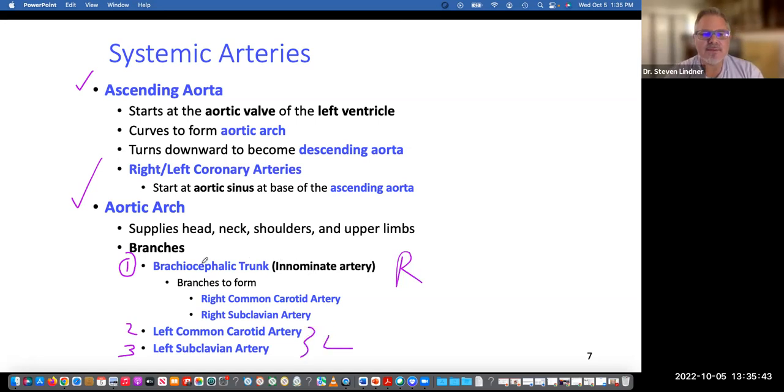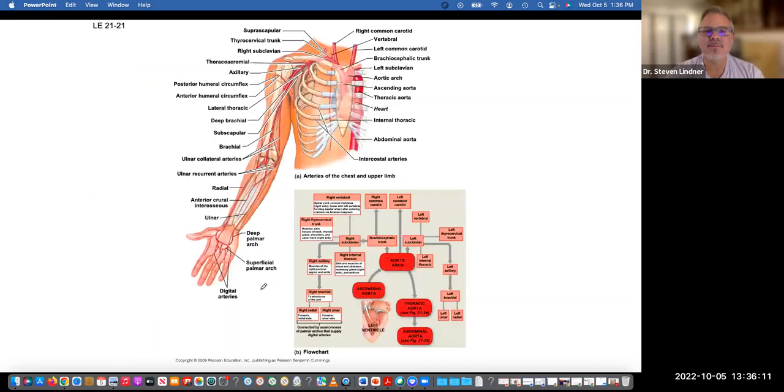The brachiocephalic, in the word, we see cephalic, which means head. We see brachio, meaning arm. So from the brachial division, that will lead into the arm, because it leads into the right subclavian, and the cephalic portion will lead into the head, into the right common carotid. And anything with the word common will divide into an internal and external carotid artery.